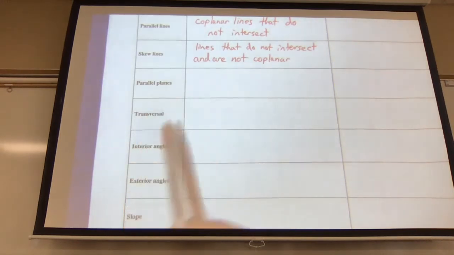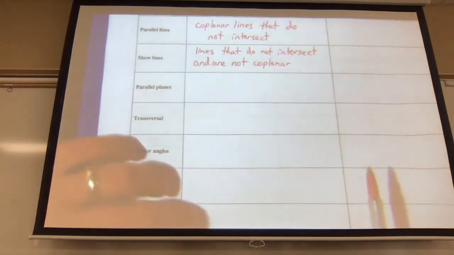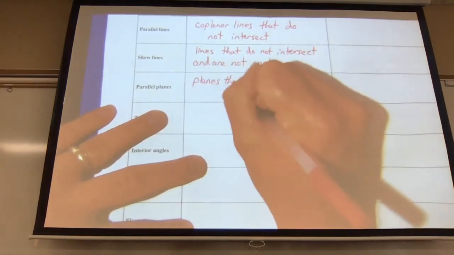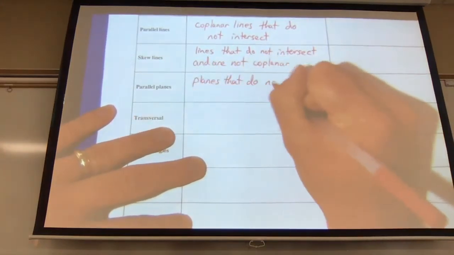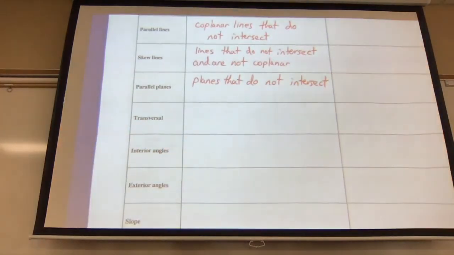Parallel planes is our next one. Parallel planes, same idea as parallel lines. They're not going to intersect. These are just going to be planes that do not intersect. And again, using our classroom, a good example of parallel planes would be like the ceiling and the floor.